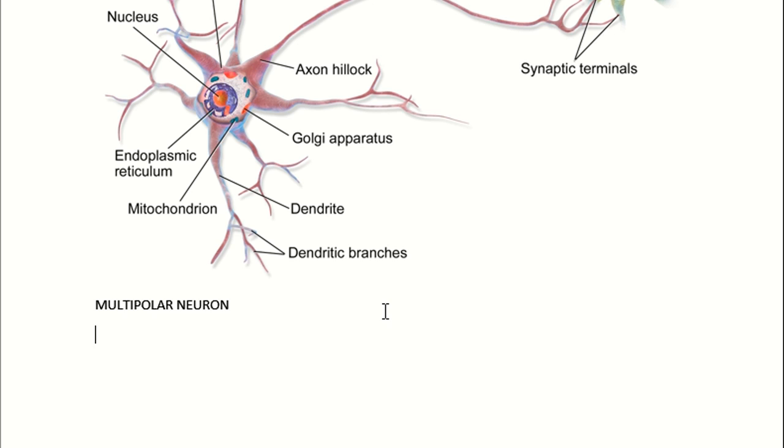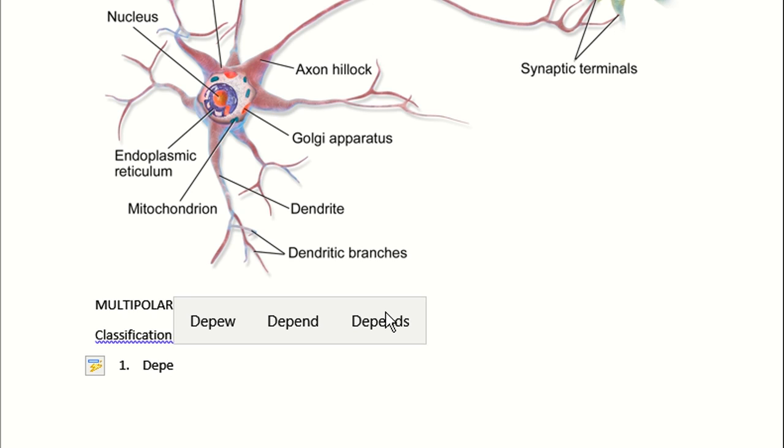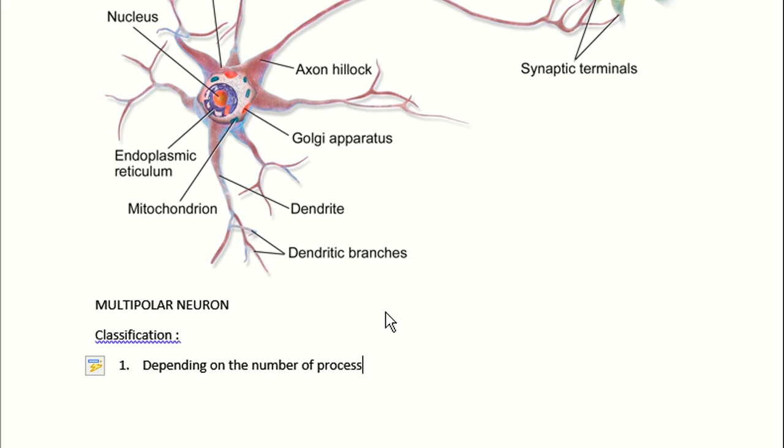Now, what are the basic classifications that we do see in neuron? Now, the first kind of classification is depending on the number of processes, which is, let's try to get a bullet point over here.